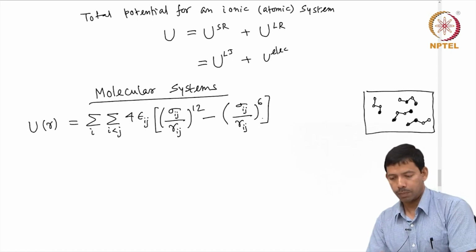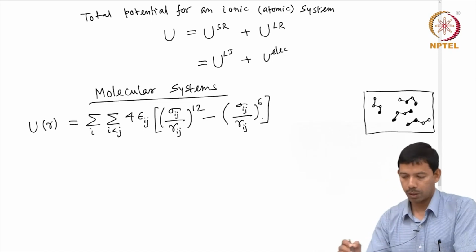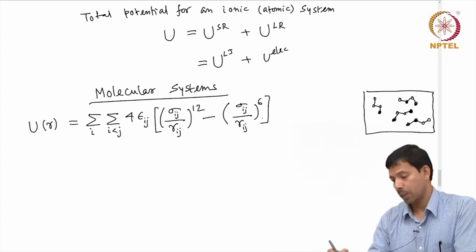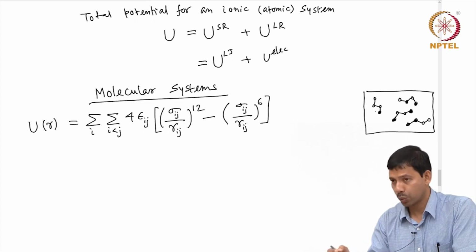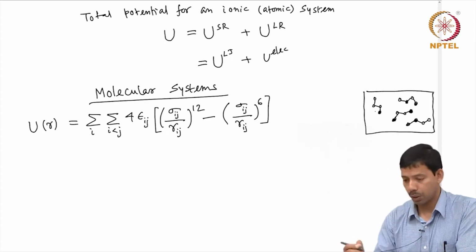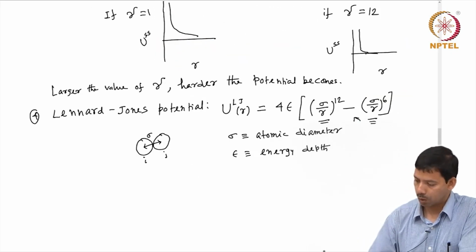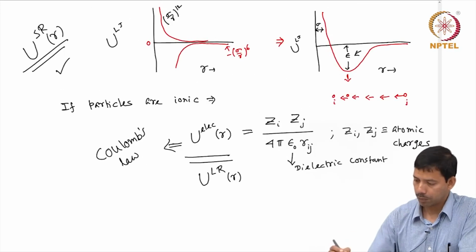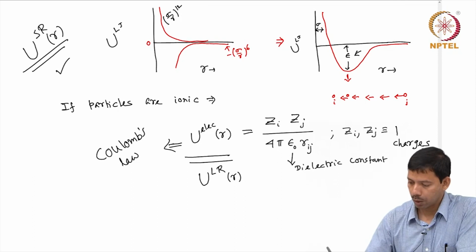So, we have the short range potential. For biological systems, particles also have their partial charges. Okay, I correct this one. Instead of saying atomic charges, I would prefer to say partial charges.